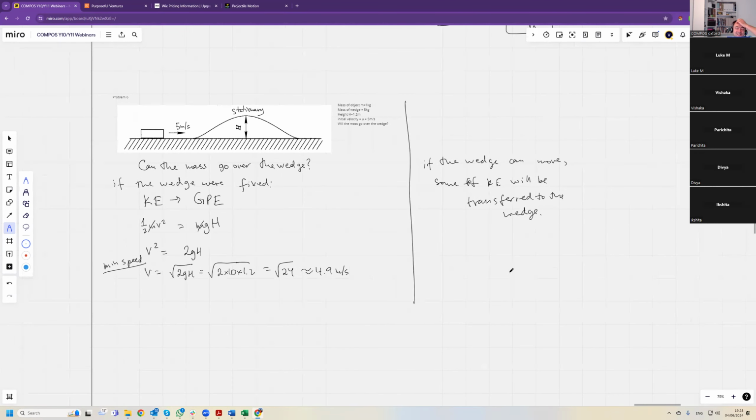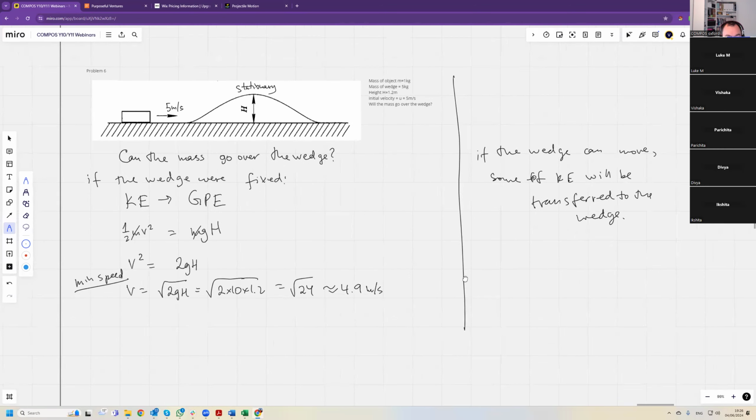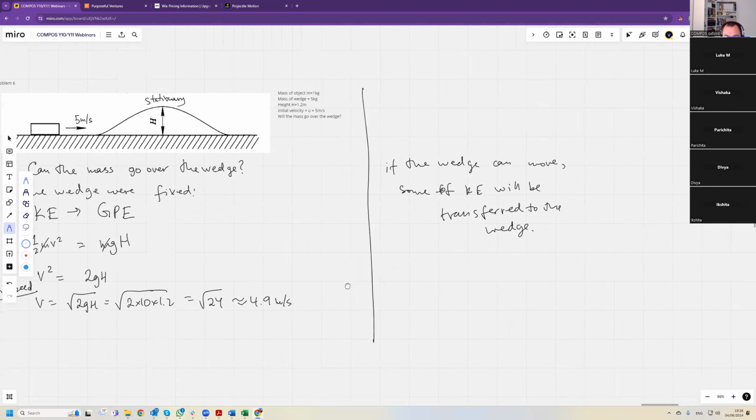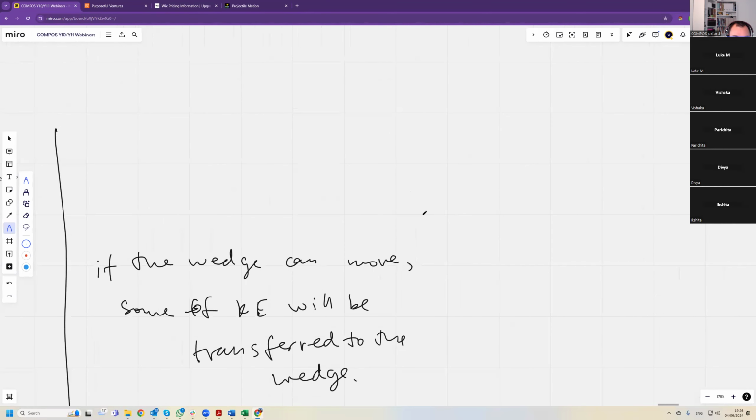Okay. So in order to find the minimum speed to go over the wedge, you need to consider the case where, before, you have the wedge like this.